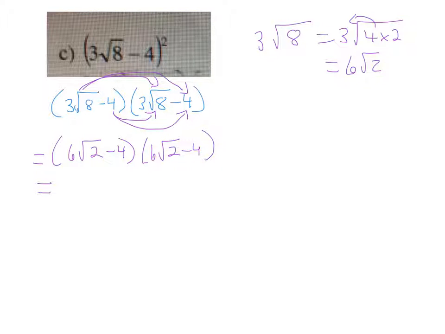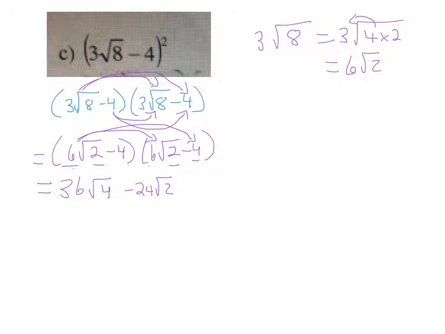And then you could do your rainbows. And so 6 times 6 is 36, and root 2 times root 2 is root 4. And then this one, you only have the whole numbers, so 6 times 4 is 24, and then you just have to bring the root 2 along with it.